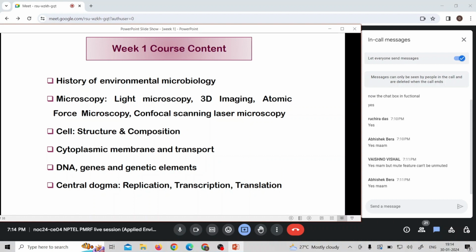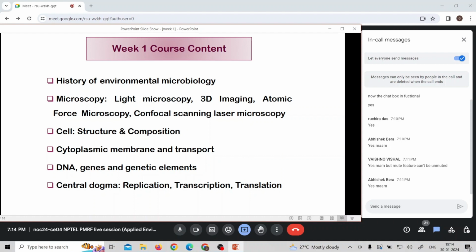Before starting with the question and answer session for today, let me tell you that you are from varied backgrounds. You may be a biotech person, a civil engineer, or an environmental engineer. I also don't know if you belong to the UG or PG categories.